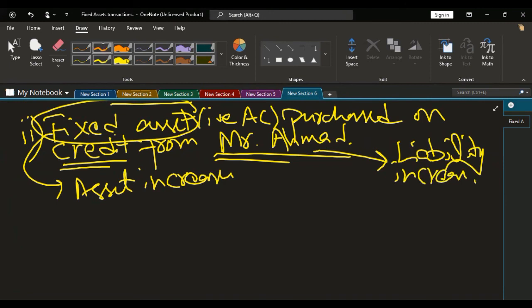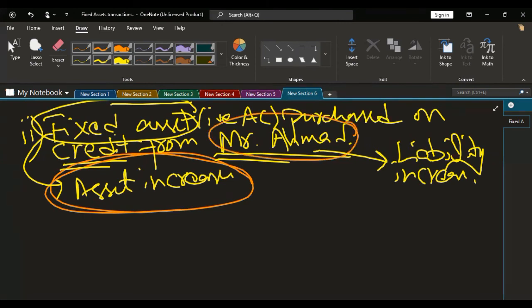So two items are taking part here. First one is our assets, meaning the number of ACs is increasing, and on the other side our liability to pay to Mr. Ahmed regarding this AC will also increase.